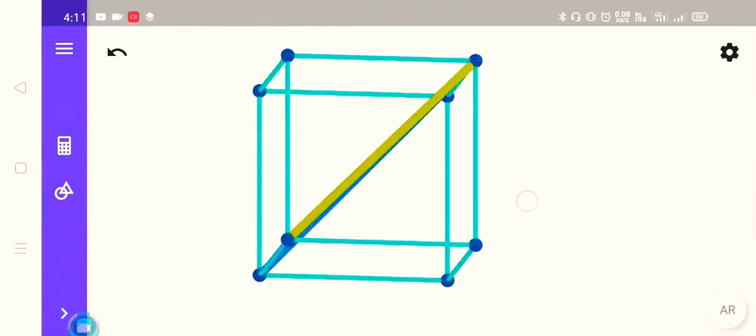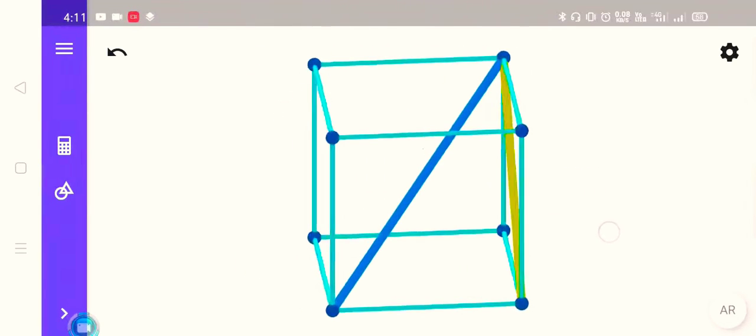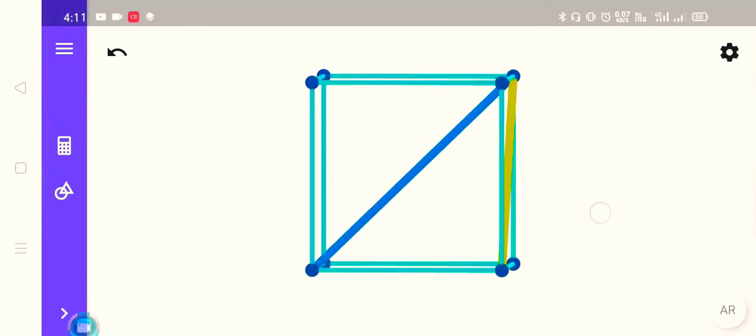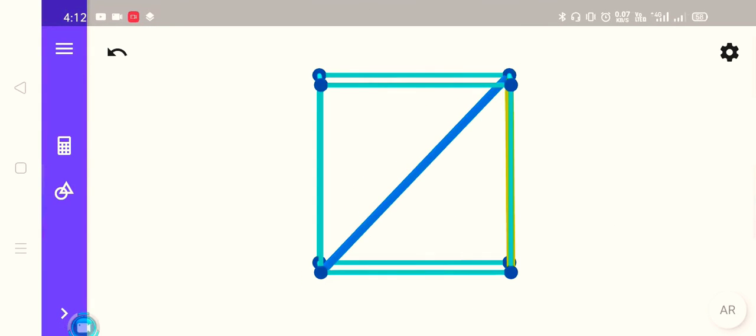Now what is the relationship between these diagonal lines and the length of the edge of the unit cell? Let us find it.